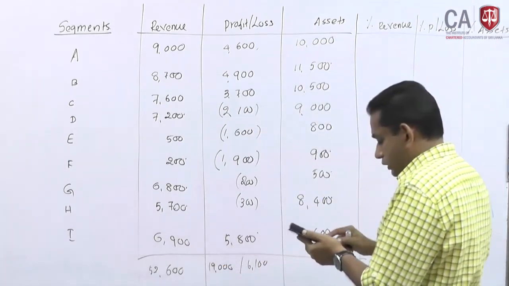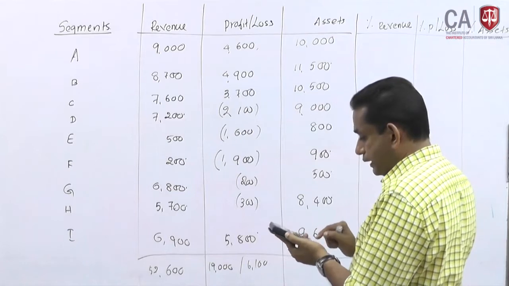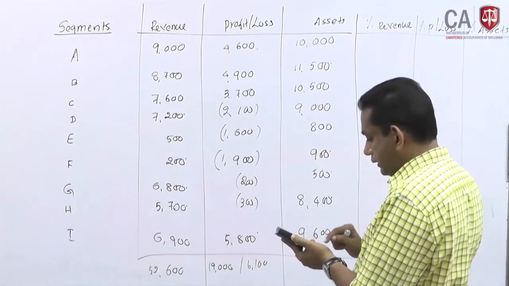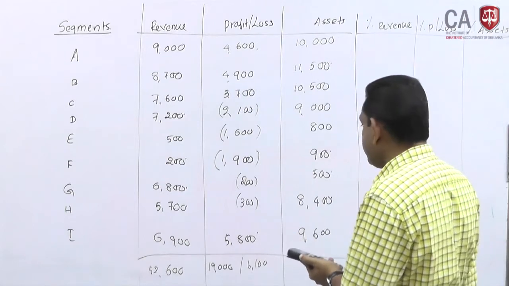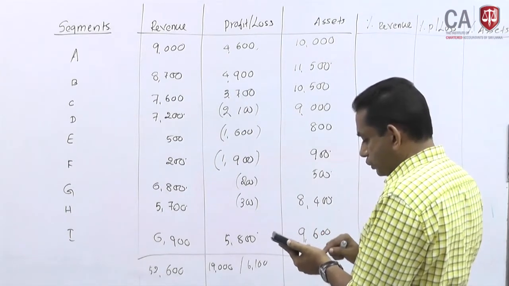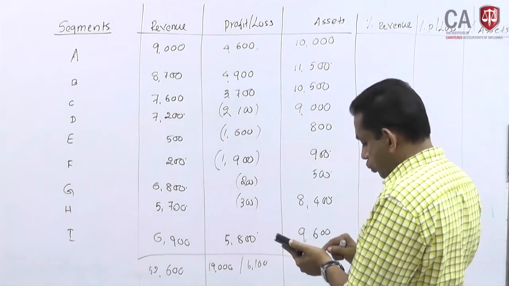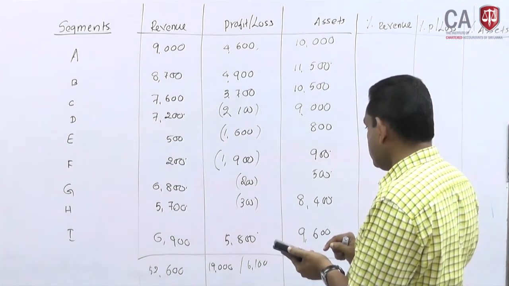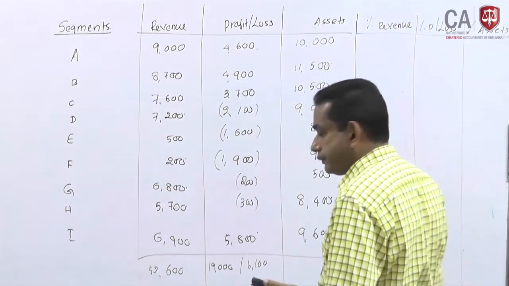Profits 4,600 plus 4,900 plus 3,700 plus 5,800, it is 19,000. 2,100 plus 1,600 plus 1,900 plus these two, 6,100, right.